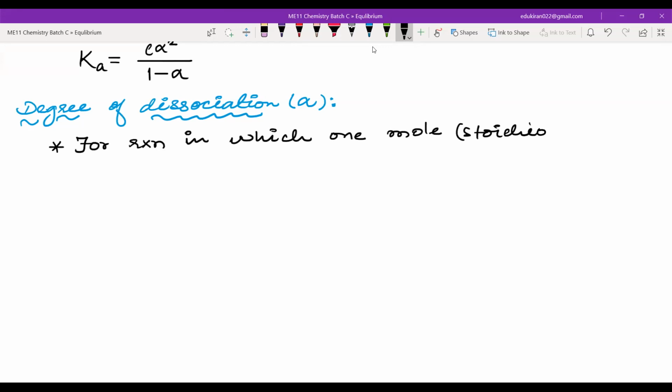Stoichiometry: 1 mole of reactant gets dissociated.